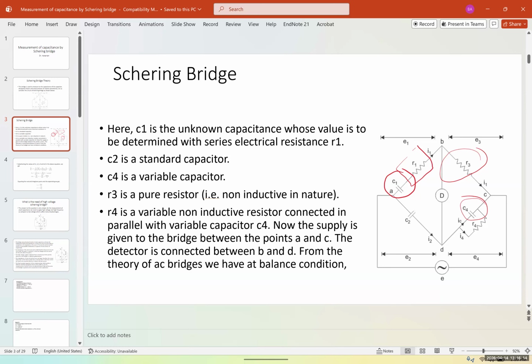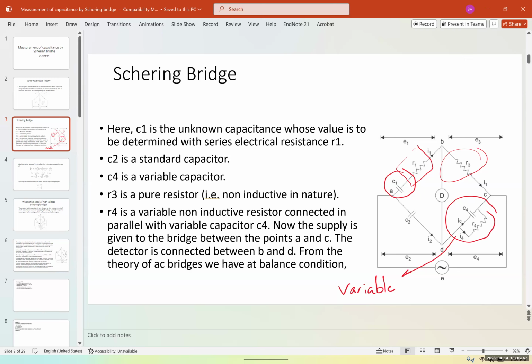So C4 and R4, everything that we have in this CD arm, are variable. The rest of them are fixed. R1 is known, R3 is known, and C2 is known, and we want to find C1, which is unknown. R4 is a variable non-inductive resistor connected in parallel with variable capacitor C4.